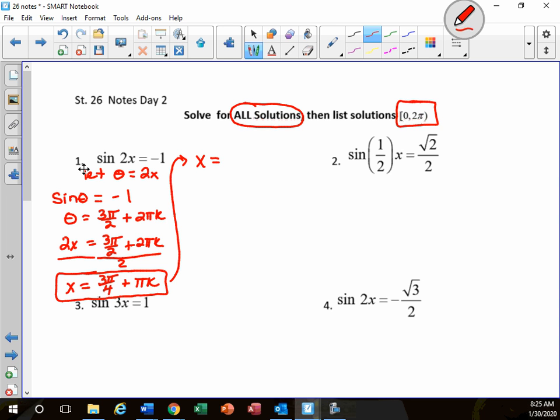Okay, we have a 2 there, so that means this is going to happen more quickly. It means you get twice the number of solutions by the time you get to 2 pi. So we're going to start with the initial one we just said, that x equals 3 pi over 4. That is one of our answers on our way from 0 to 2 pi. We have to look and see if there are other answers.